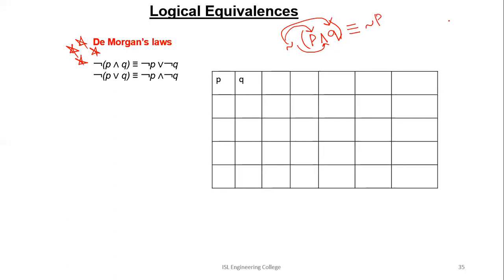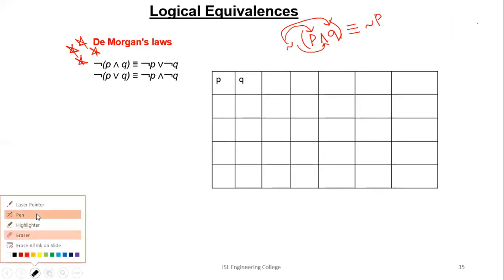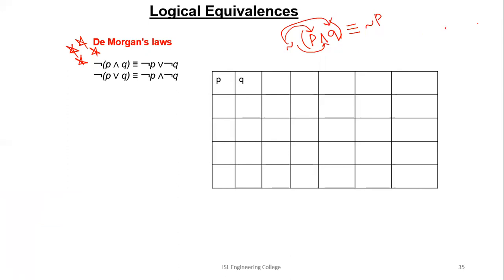Whenever you apply negation to and, it will be equivalent to or. And whenever you're applying negation to or, it will become and.